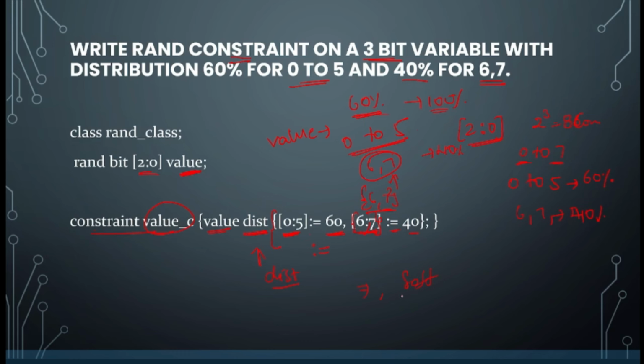In this way you will be asked questions on constraints. For constraints you need to know the logic, how to write the constraint on that particular variable. So this is the thing about constraints.